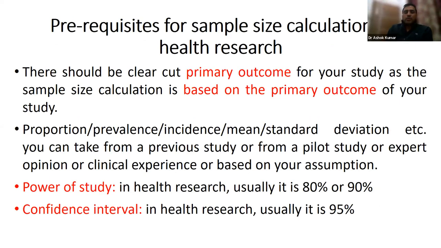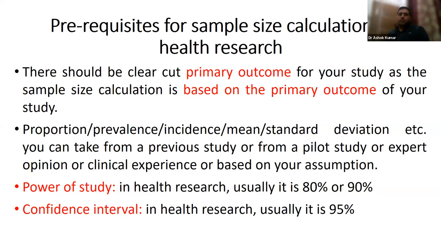If you have only a single outcome in your study, that is your primary outcome, so there is no problem. But if you have more than one outcome in your research study, then there must be one primary outcome. You take that one primary outcome, and then calculate sample size.